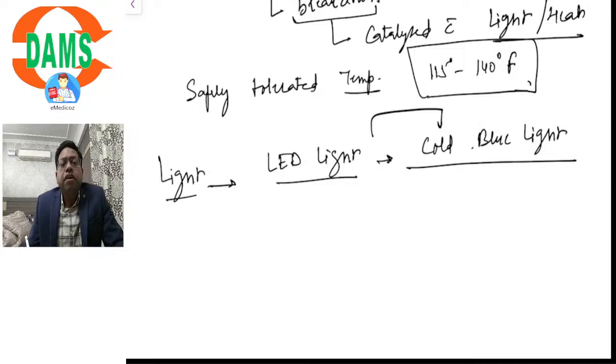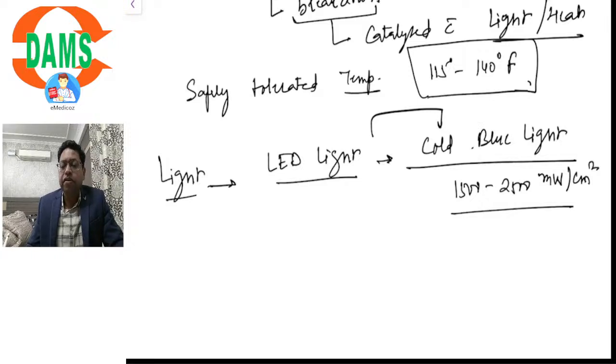So there is no danger of increasing the tooth surface temperature with LED lights. They emit a high intensity cold blue light in the range of 1500 to 2500 milliwatts per square centimeter. This blue light would catalyze the breakdown of hydrogen peroxide to release nascent oxygen rapidly.